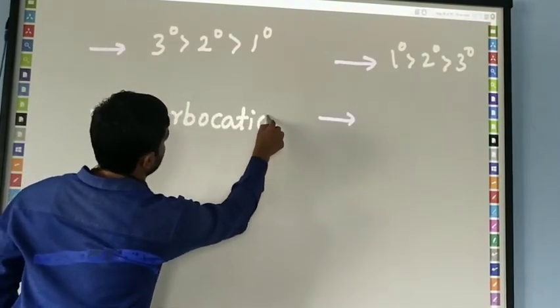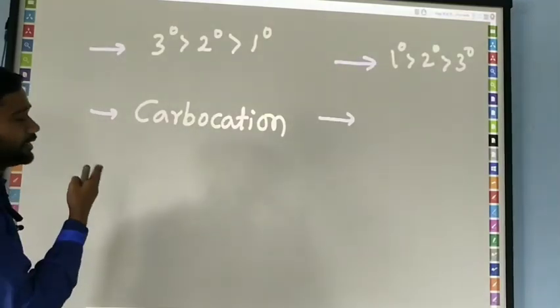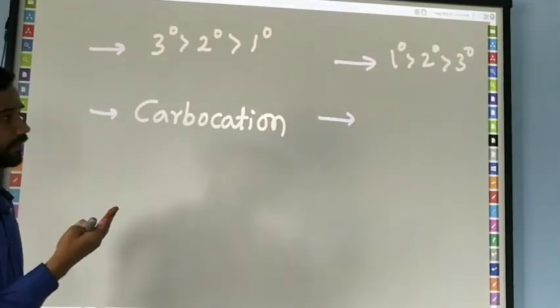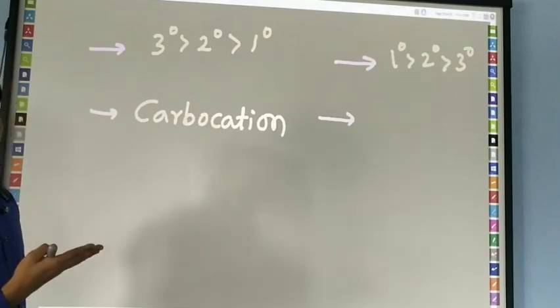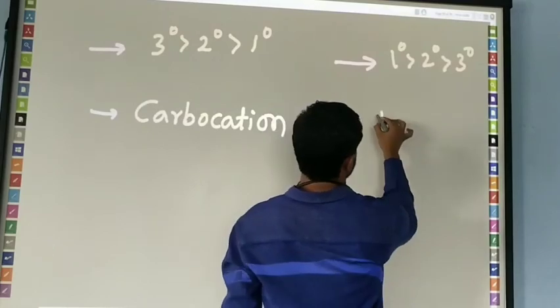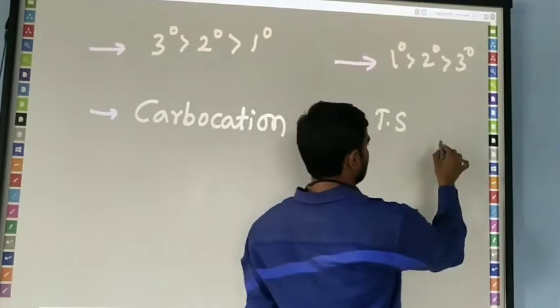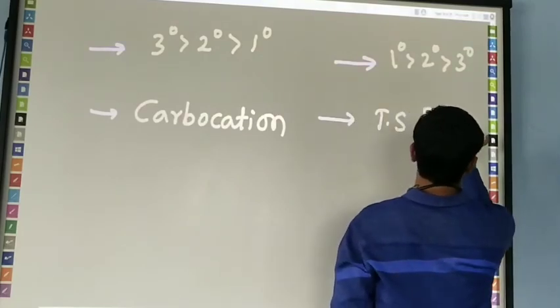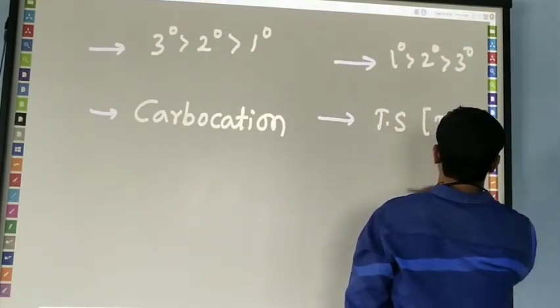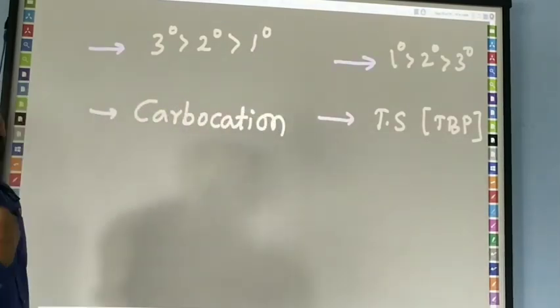That's why the carbocation order will be tertiary, then secondary, then primary. In the SN2 mechanism, there is no intermediate, but a transition state of trigonal bipyramidal geometry. These are the basic differences.